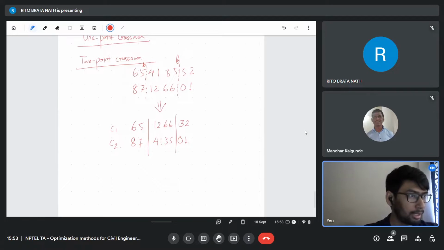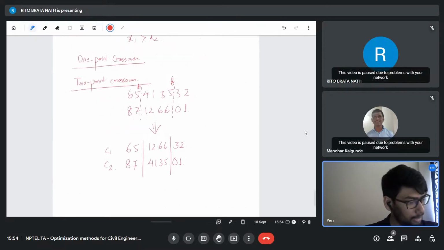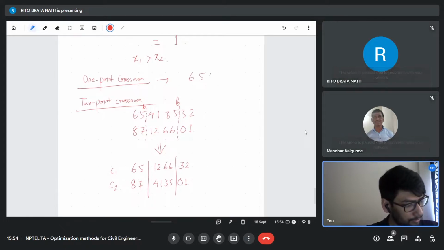Then I think it was asked: cross between, say, the first and third fittest using single point. Another one could be single point crossover, but given between C and D. Let me write it here as well. Suppose this is 6541353287126601.